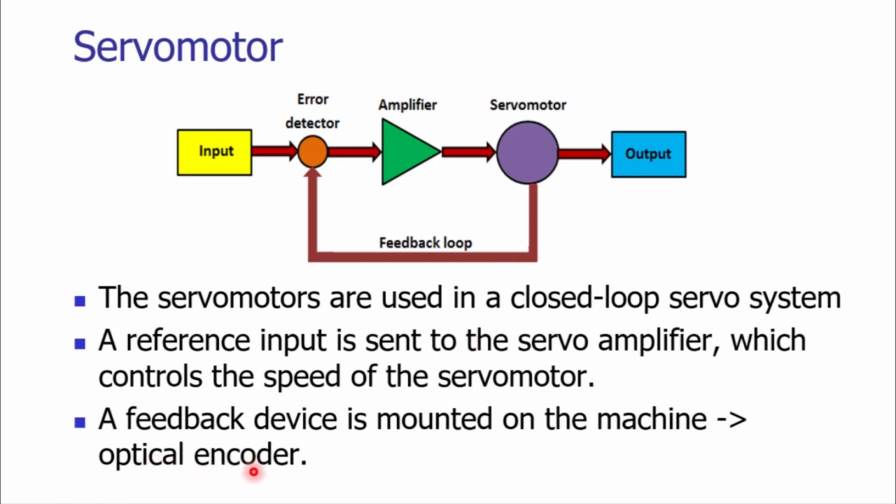We have already seen the construction, working and application of optical encoders in the lecture on sensors. Optical encoders have phototransistors. They use light and a perforated disc.